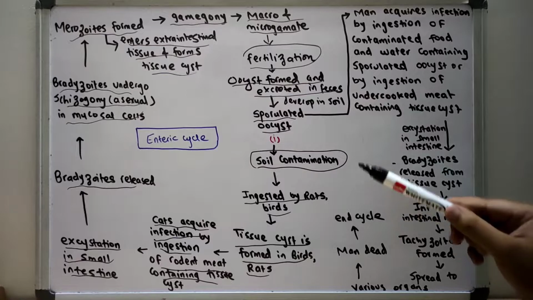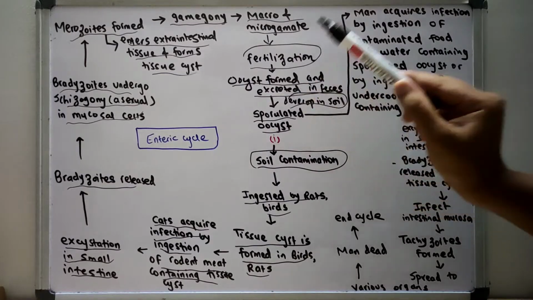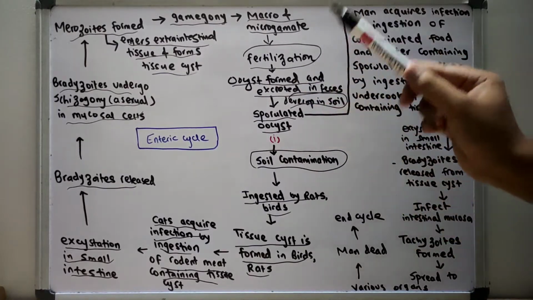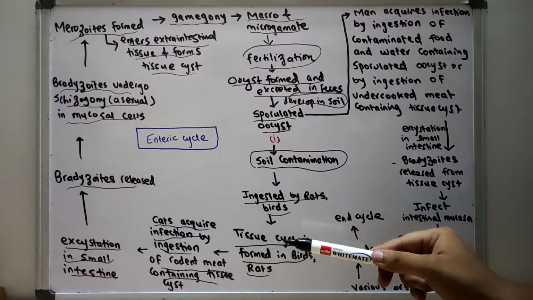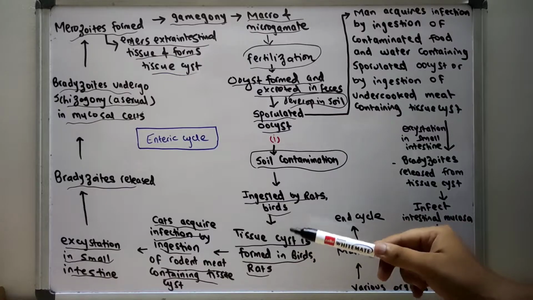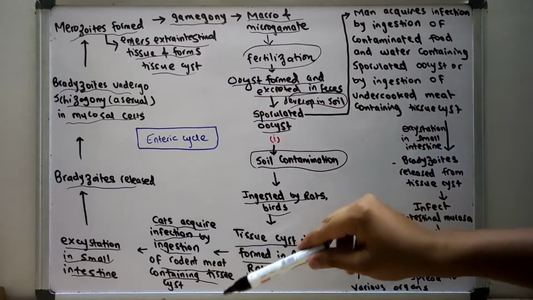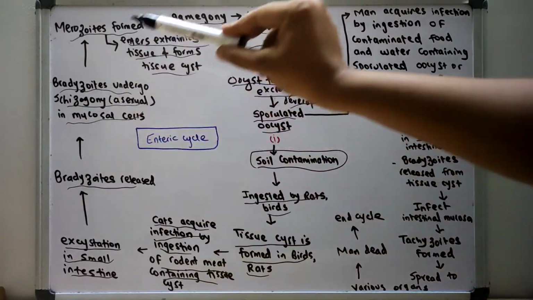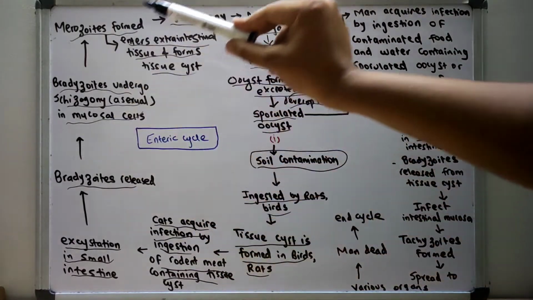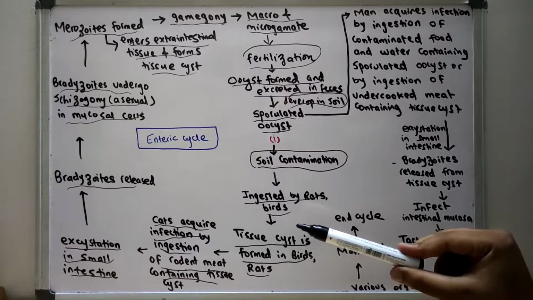They develop in the soil as sporulated oocysts, which contaminate the soil, and again ingestion occurs by rats and birds, and tissue cysts form, and the cats eat them and acquire infection, excystation occurs, and this life cycle occurs inside the definitive host of Toxoplasma gondii.